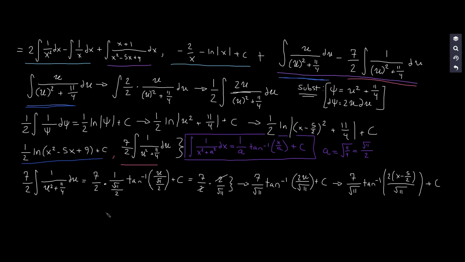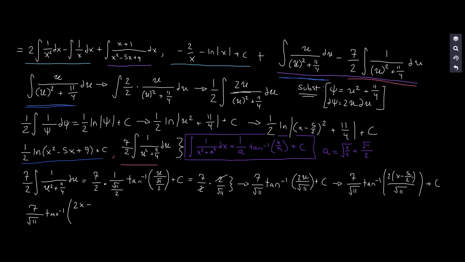And so what is this going to turn into? Well, I think it's like, I'm not sure this is right, you guys. 7 over the square root of 11 arctangent of 2x minus 5, because this is going to turn into 10.